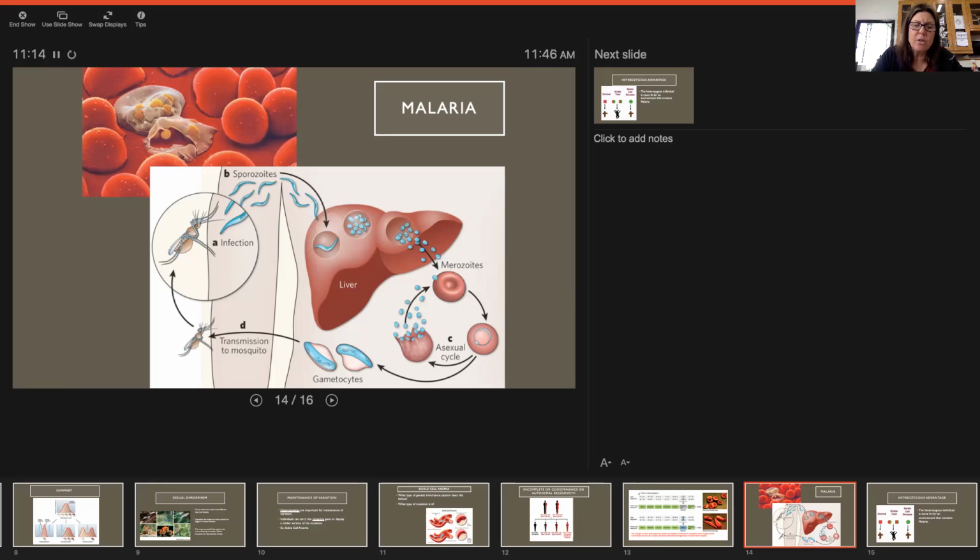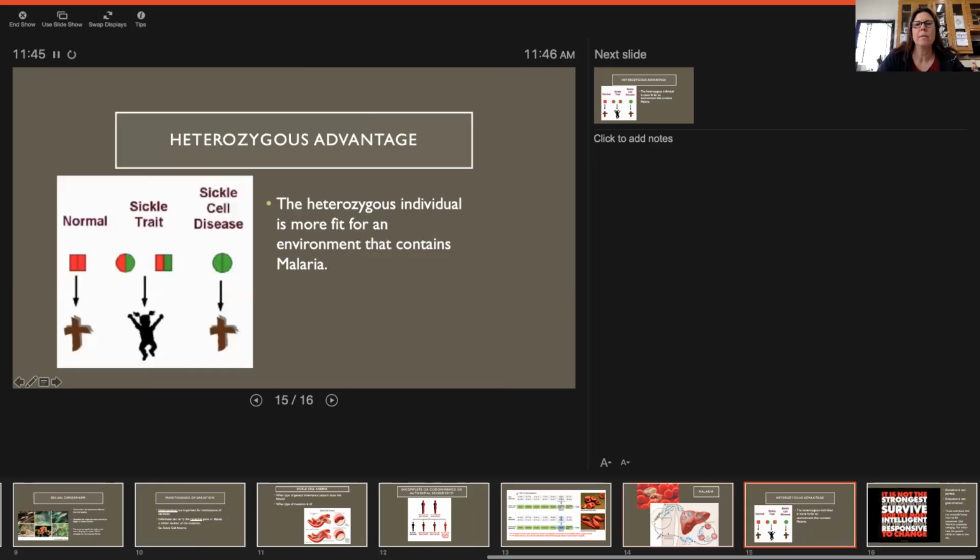If you have X number of red blood cells splitting open at one given time, you cannot undergo cellular respiration adequately, and it will lead to death. So malaria can, and I won't say it will, but it can kill you. Then they hatch out of the red blood cell, the mosquito takes another meal and sucks it up and gets reinfected, where it finishes its life cycle in the gut of the mosquito. And then we go back around and around again.